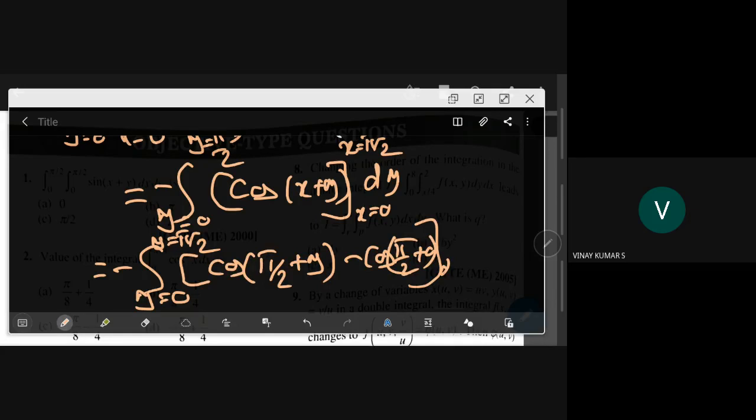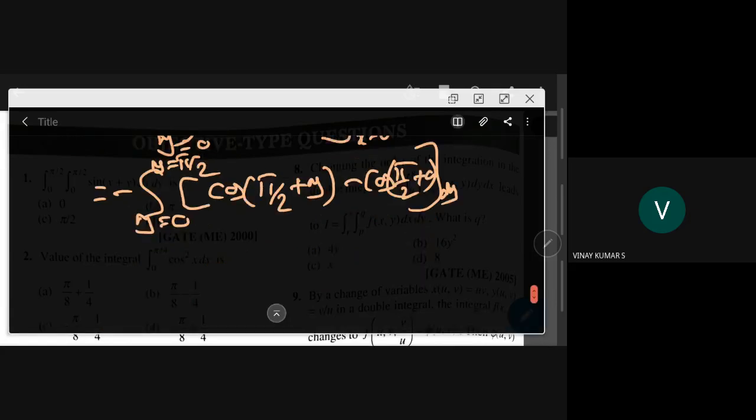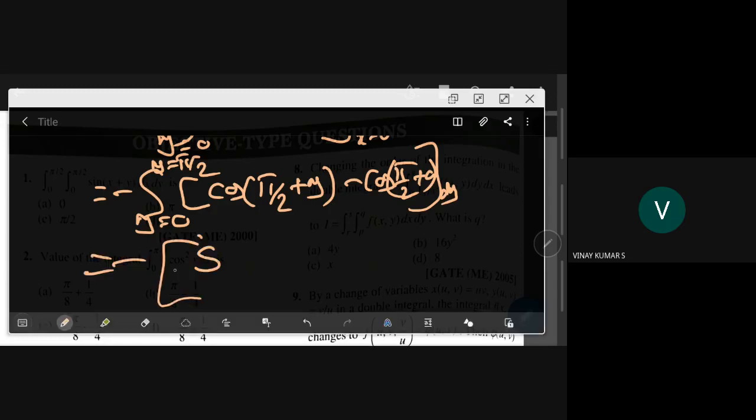So this is cos(pi by 2 + y). Sir, it will be 0 plus y. Sorry, right, that is 0 plus y. You are right, what you said is right.